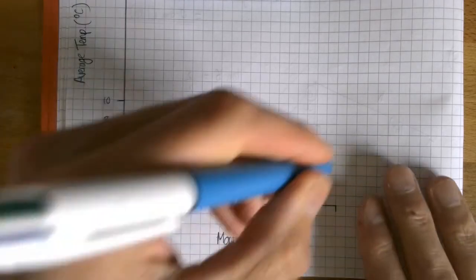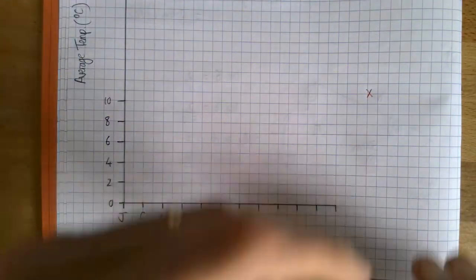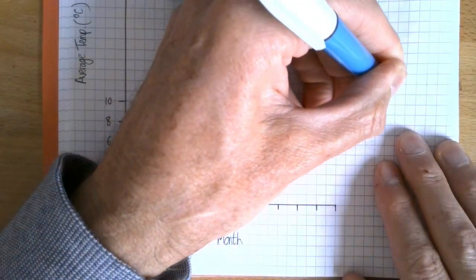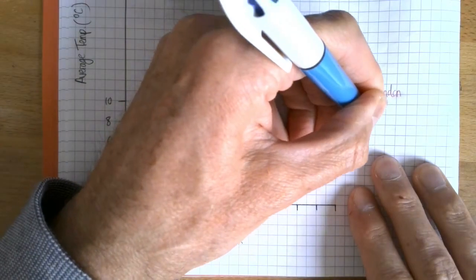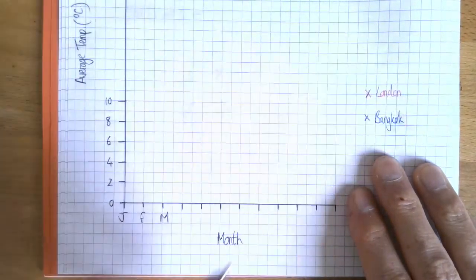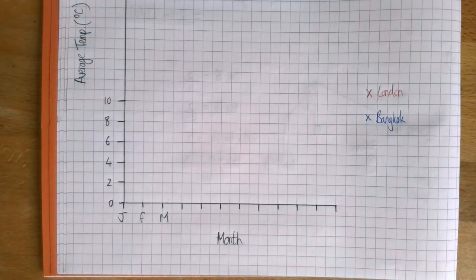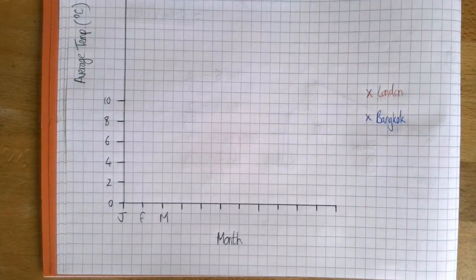I'm going to use a red cross for London, and I'm going to use a blue cross for Bangkok. And I've put a key there, which is really important, isn't it? So you can choose how you're going to do it. If you haven't got colours, do a cross and a dot or something like that.